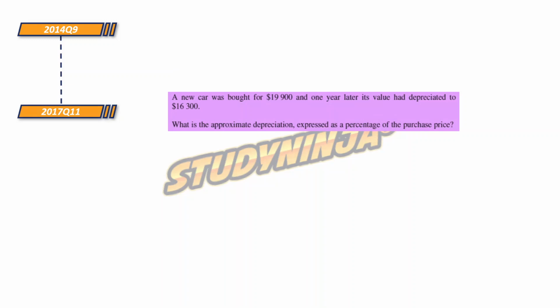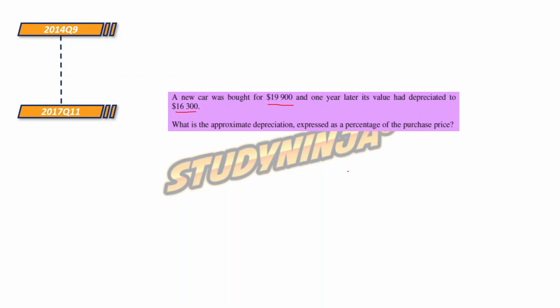Then 2017 question 11, you're told a new car was bought for 19,900 and 1 year later its value had depreciated to 16,300. What is the depreciation expressed as a percentage of the purchase price? So here you need to express the depreciation as a percentage of purchase price. So first you need to know what the depreciation is. This is even easier than the other question.